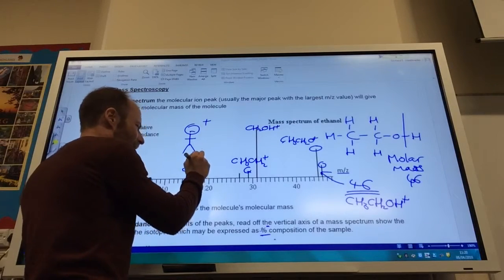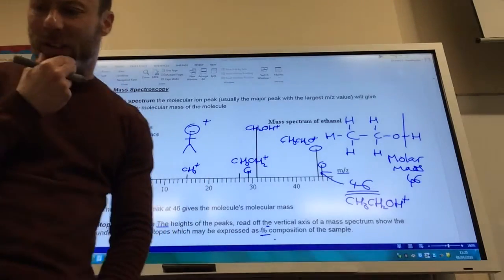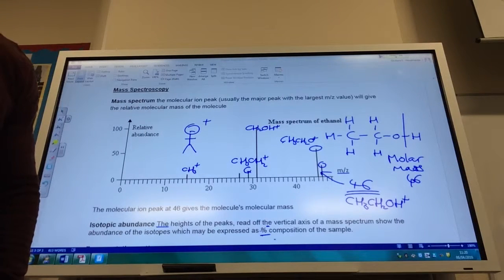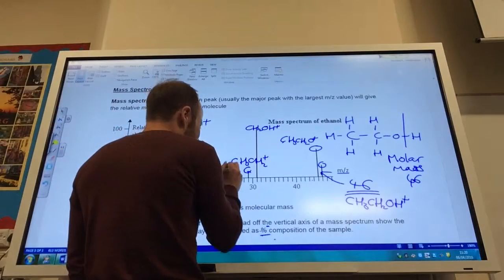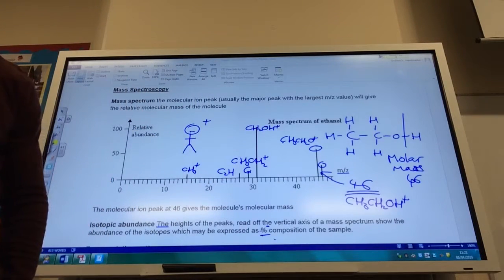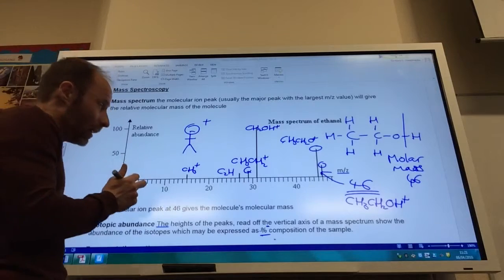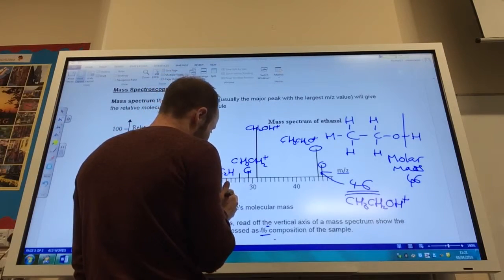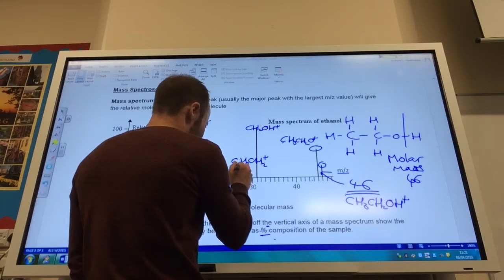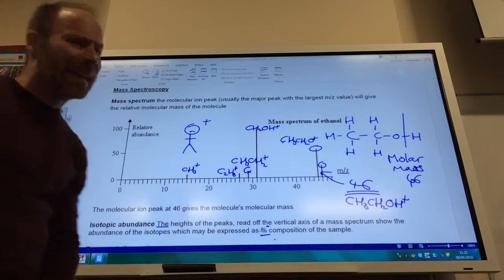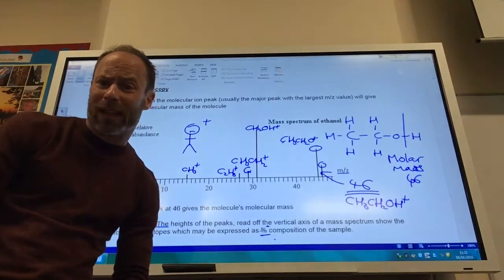So that's going to be CH3+, like so. And I've also got 27, which is likely to be C2. No, it's not. C2 is going to be 24, so 27 is C2H3, CH2CH. So it looks like I've lost an H2 there as well, which is quite likely to happen in a mass spectrum.